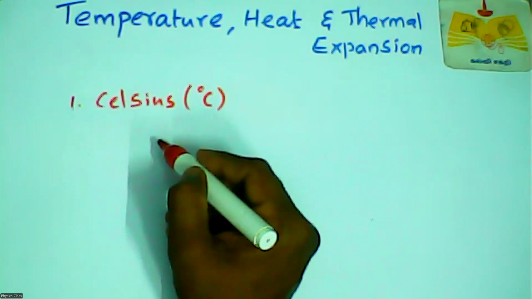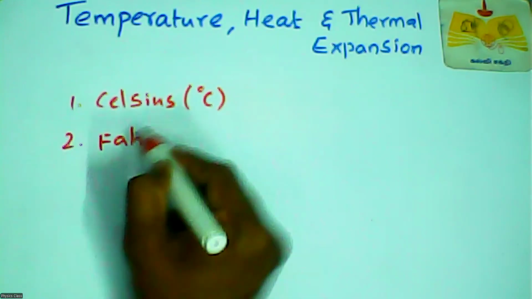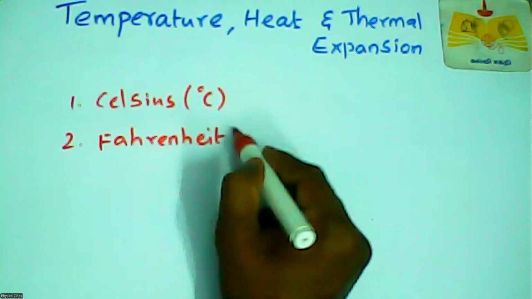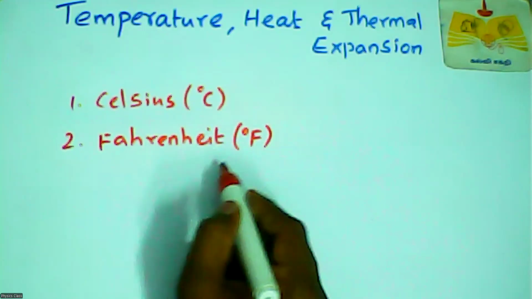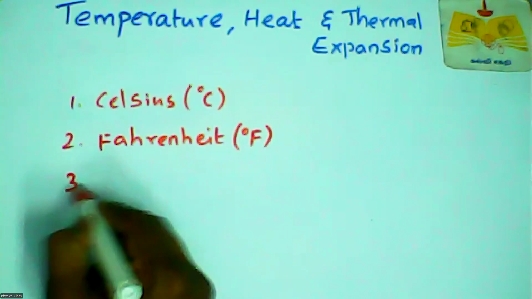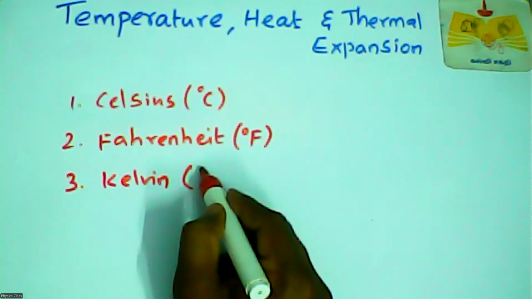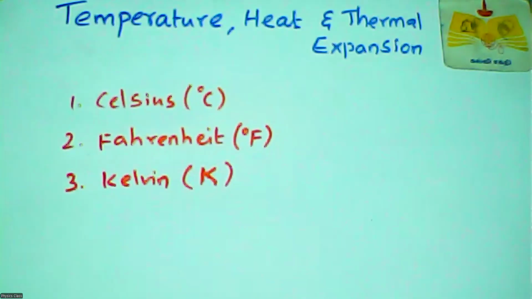Second one, Fahrenheit; you have to put the degree sign with Fahrenheit. And third one, Kelvin. You don't put a degree sign with Kelvin, just the capital K.